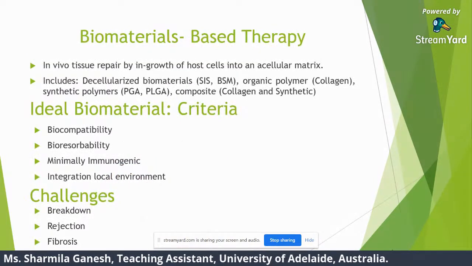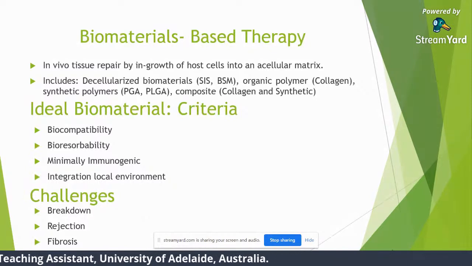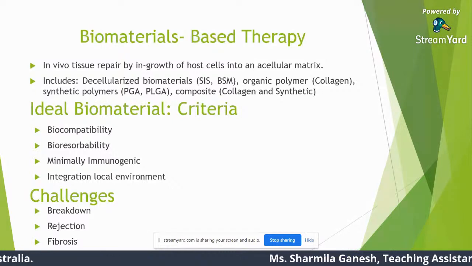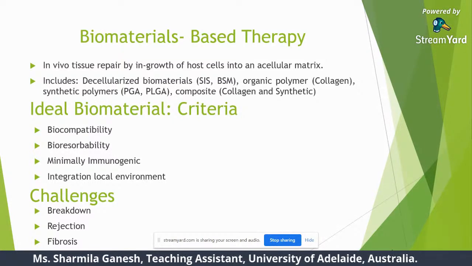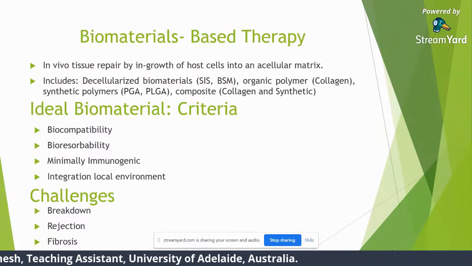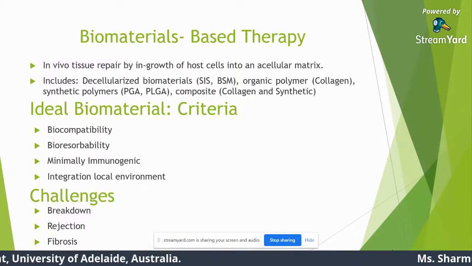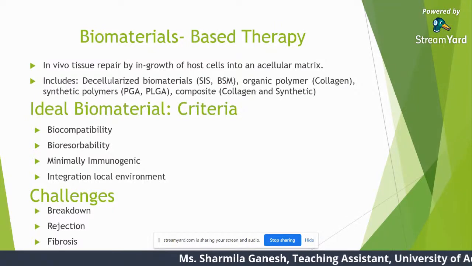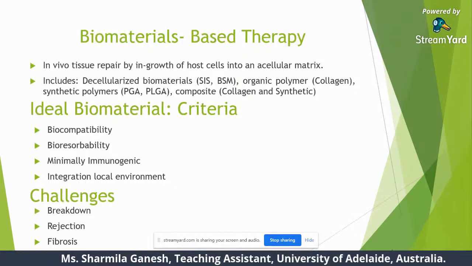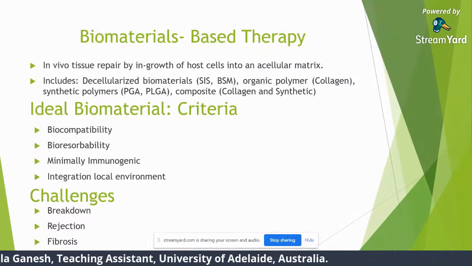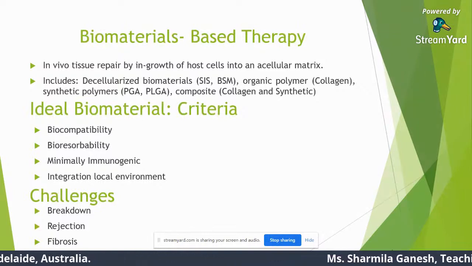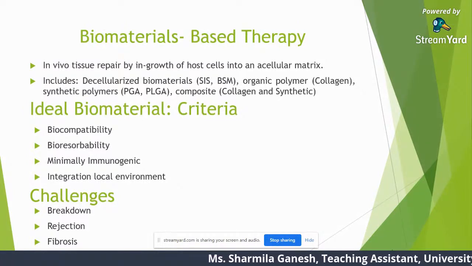And the next one is we are going to see about biomaterial-based therapy. In this biomaterial-based therapy, we are going to grow the host cell with the help of an acellular matrix, which is all done in vivo. The materials we'll be using in it are decellularized biomaterials, organic polymers, or composite ones, or synthetic biopolymers. There are a few criteria for the biomaterials to be used for the in vivo growth of host cells.